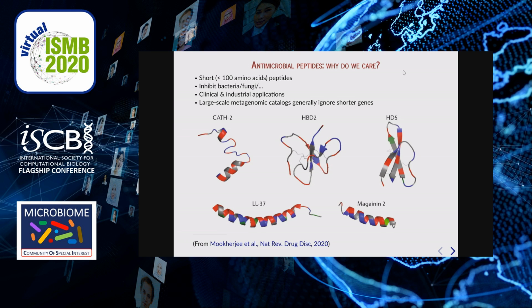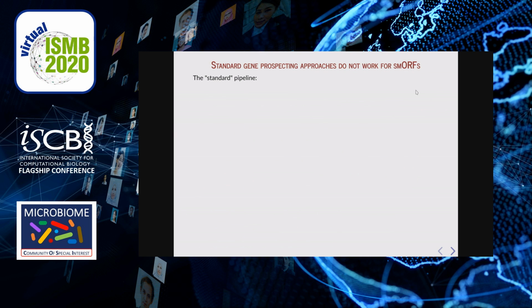But in general, the reason we've ignored them is because the standard pipeline doesn't really work very well for short genes. By standard pipeline, I mean you take your metagenome, you pre-process the samples, and you assemble them to build larger contigs. So far so good.